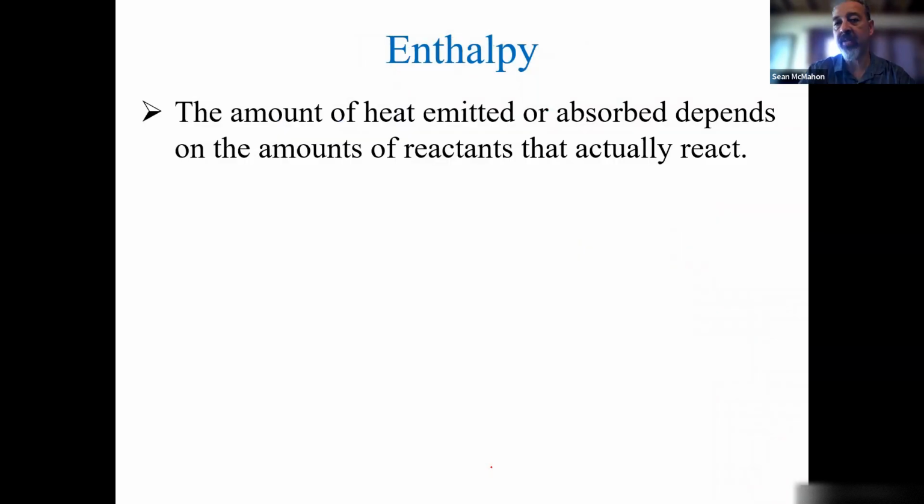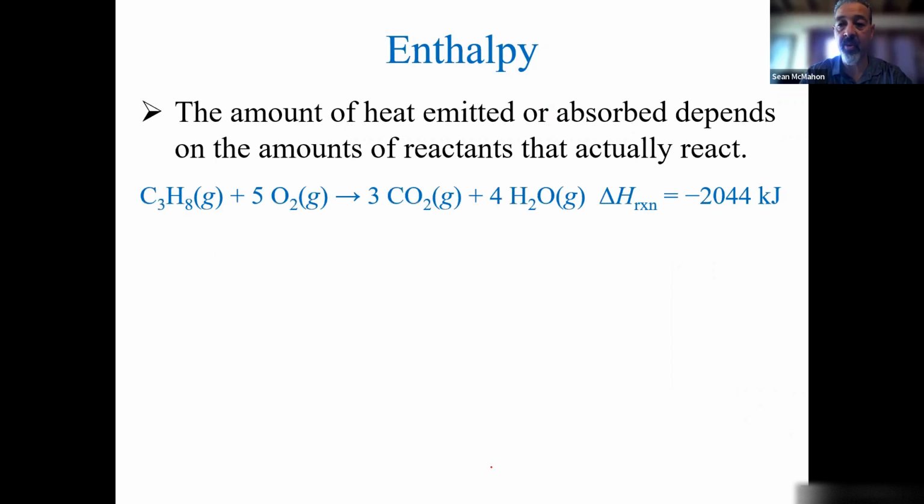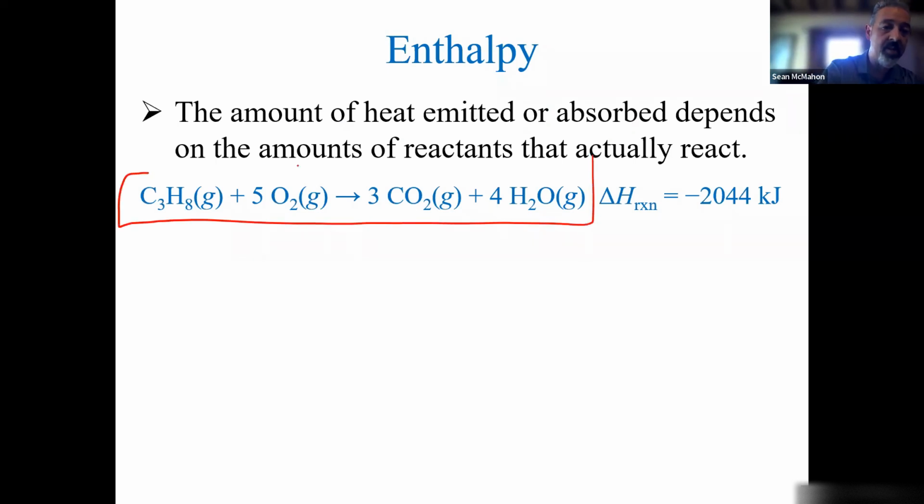So that's what enthalpy is, the amount of heat emitted or absorbed, and it depends on the reactants and whether or not they're actually going to react. So in this example, they don't include the heat in the balanced chemical equation, okay? And this is propane, the combustion. But on the side, they're saying the heat of reaction is negative.